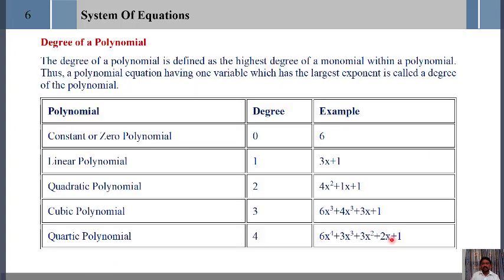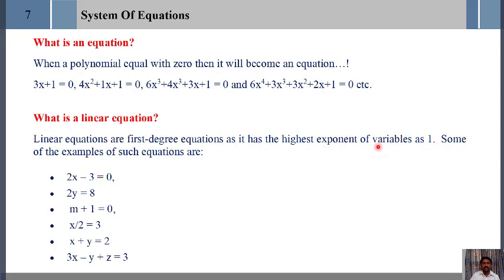These are all polynomials, and if you equate these polynomials to 0, then they will become equations. Therefore, 3x plus 1 equal to 0 and 6x power 4 plus 3x cube plus 3x square plus 2x plus 1 equal to 0. The left terms are only polynomials. When it equals 0, then it is called an equation. That's it.